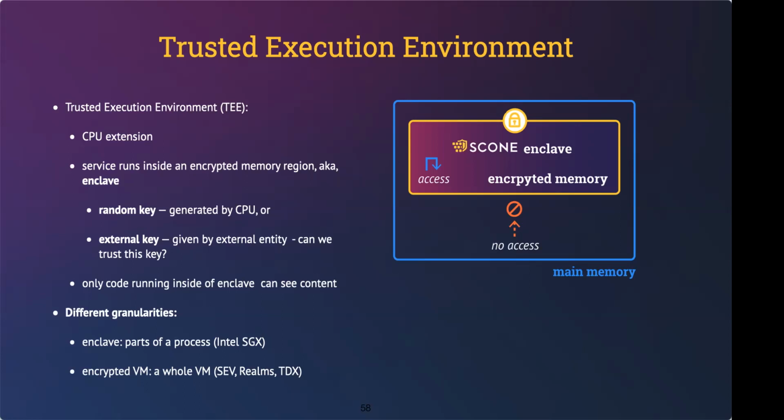And there are different granularities of how large this memory region is. One of the early TEEs is Intel SGX, which protects parts of a process. The newer machines, like SEV-SNP from AMD, realms from ARM, or Intel TDX, encrypt virtual machines, which in my opinion might not be a perfect fit for container-based workloads.